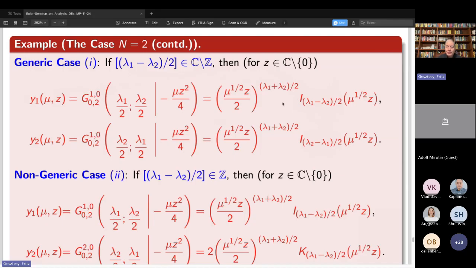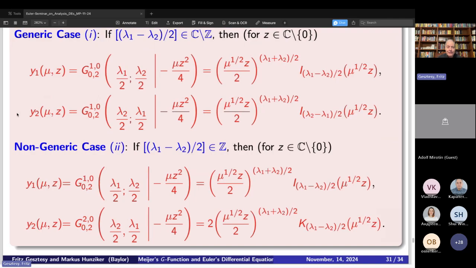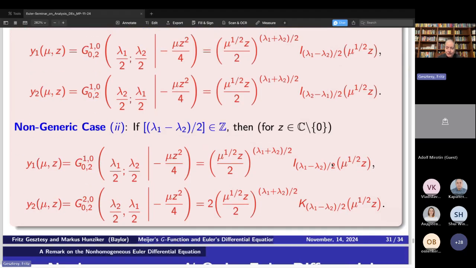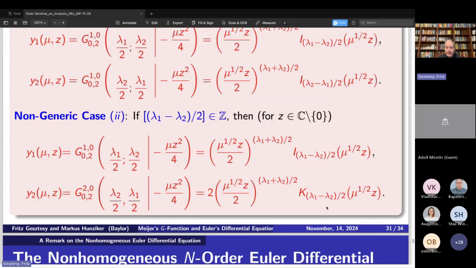In the non-generic case, these two functions would be proportional, and so we have only one solution. Sure enough, if I'm in the non-generic case, so if lambda 1 over 2 minus lambda 2 over 2 is an integer, then I still get this solution, which is now one and the same, up to constant multiples. And for the second solution, you have to use the modified irregular Bessel function of index lambda 1 minus lambda 2 over 2. So this is the explicit case for capital N being 2.